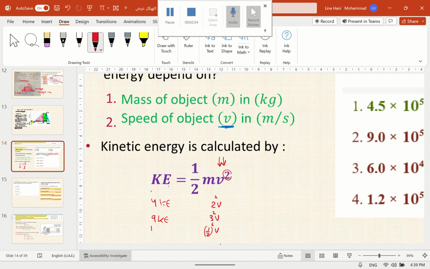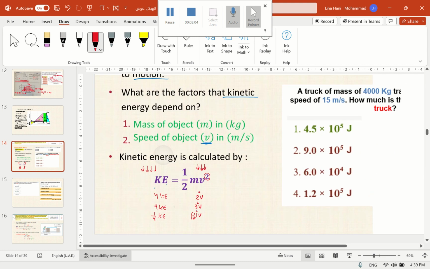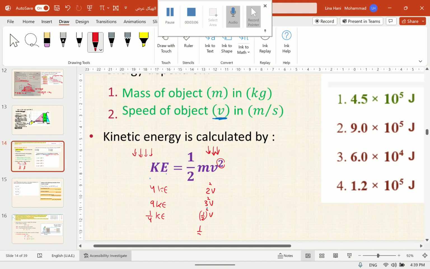Half squared is 1/4. The kinetic energy decreases by 1/4, and so on. If the velocity decreases by 1/3, remember we have squared, the kinetic energy decreases by 1/9 because 1/3 squared is 1/9.